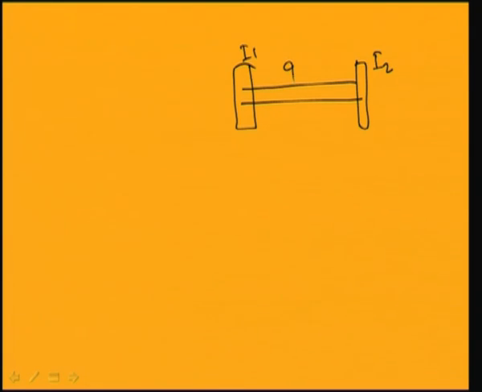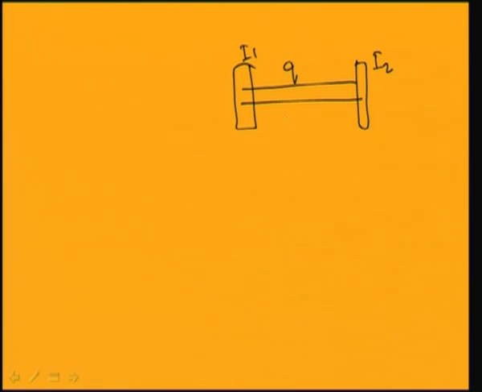So, you can take a two rotor system also which will have similar equation of motion. So, this is a two rotor system with inertia I1 and I2, and let Q be the stiffness of the system. So, in this case also you can have a similar equation of motion.